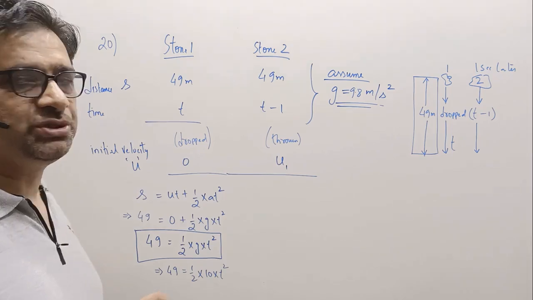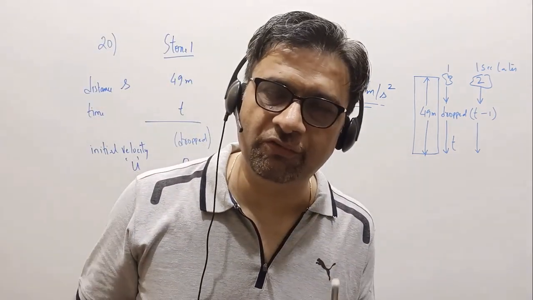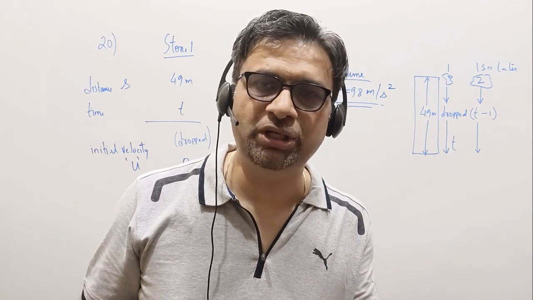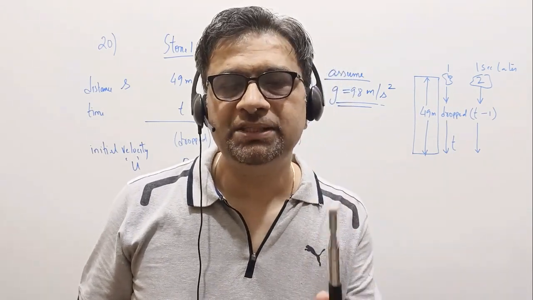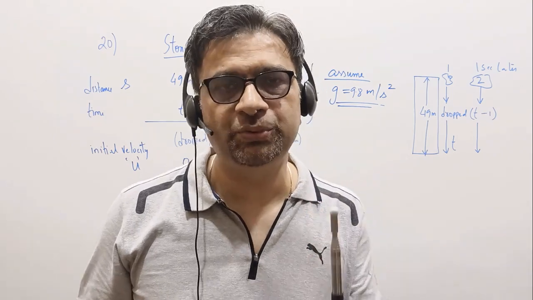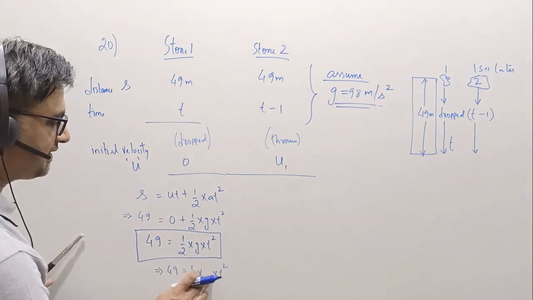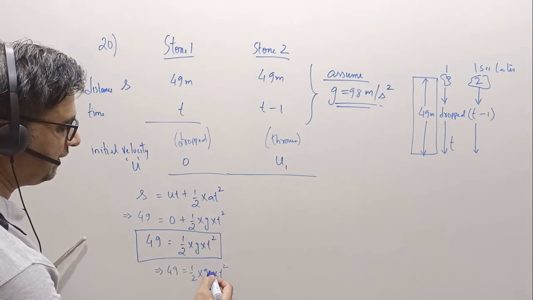If they don't give you the value of g, you are free to choose 9.8 or 10 based on what value helps you. In this case, 9.8 helps me because 10 is not cancelling.